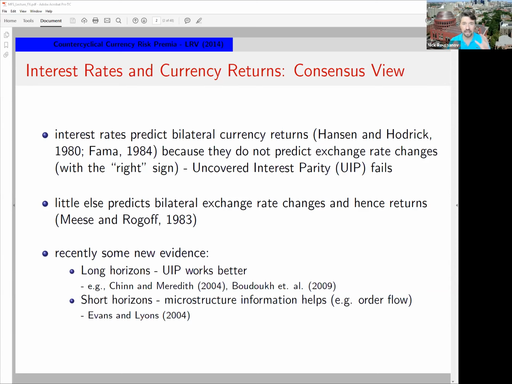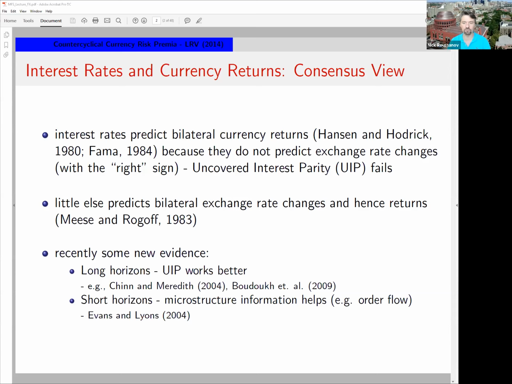Again, as Adrien said in the beginning of his talk, the consensus view perhaps at the beginning of the 21st century in the field of international finance was that exchange rates are basically random walks, and there's this UIP relationship that's supposed to capture the joint behavior of exchange rates and interest rates in the world without currency risk premium, not necessarily a risk neutral world, but a world where forward prices are unbiased expectations of future spot rates.